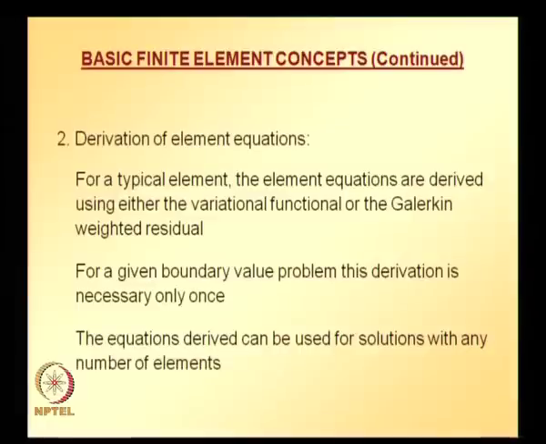What we did in the previous example, where I illustrated using finite element technique, is that we derived equations separately for each of the elements, element 1 and element 2, whereas here we are going to derive for a typical element. The equations derived for this typical element can be used for solutions with any number of elements.